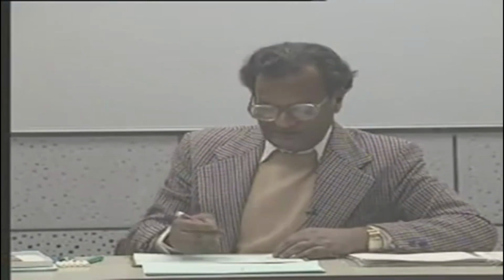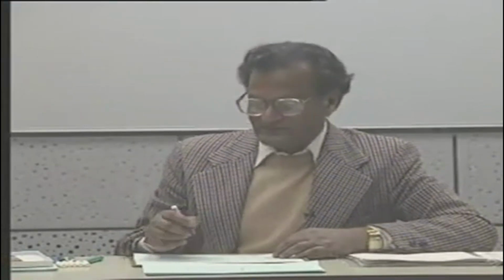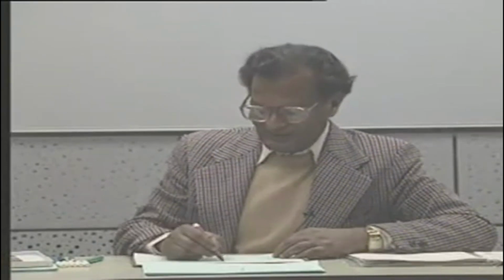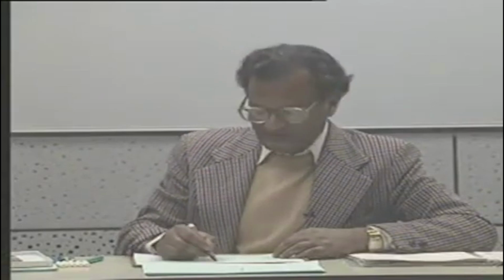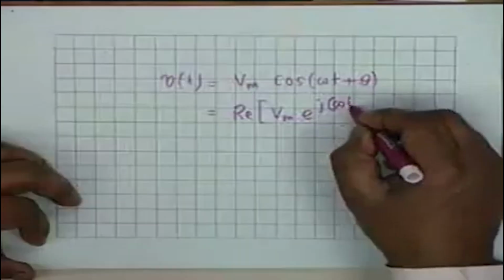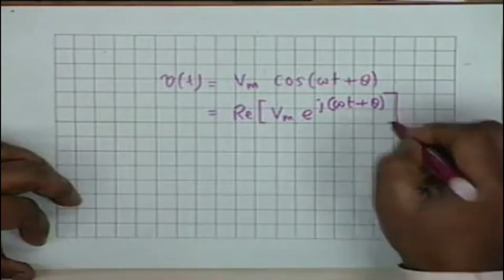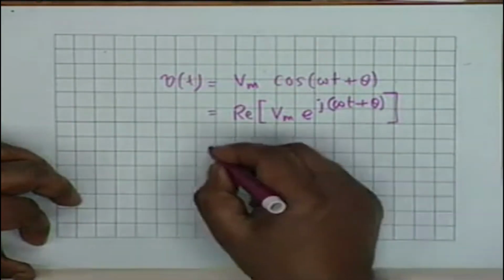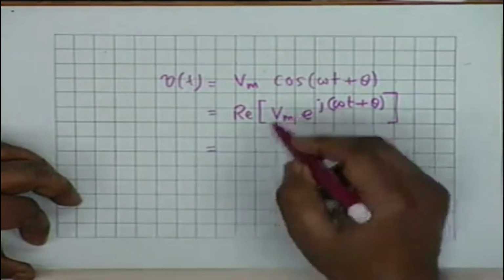Now we write this as, you see, this by itself is not a complex quantity. It is the real part of a complex quantity, the real part of Vm e to the power j omega t plus theta, and Vm is the peak value.